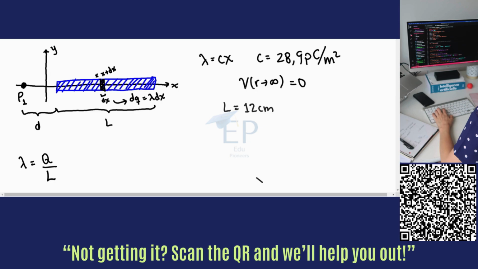Its distance from P1, the distance from P1 to that infinitesimal segment, should be d, which is this segment, plus x. So it should be d plus x. That's the distance to that segment.